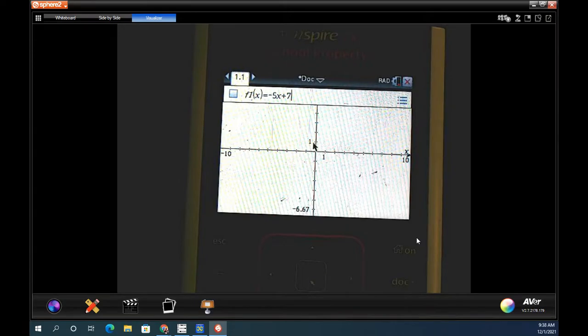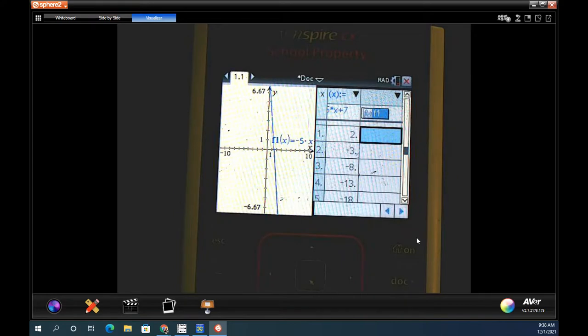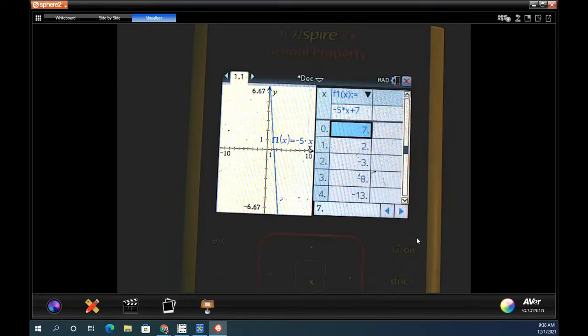Hit enter. How do I get to my table? Control T. Now, go up to 0. Oops, my bad. Let's hit escape. If that ever happens, just hit escape. Let's go up to 0, 0, 7. And we can put in 1, 2.